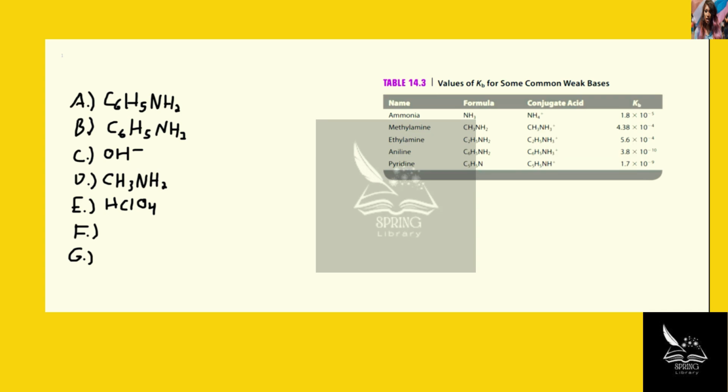Now, which is a stronger acid, H2O or C6H5NH3? So the Ka for aniline's conjugate acid: the product of Ka and Kb is going to be Kw, which is 1 times 10 to the negative 14th.